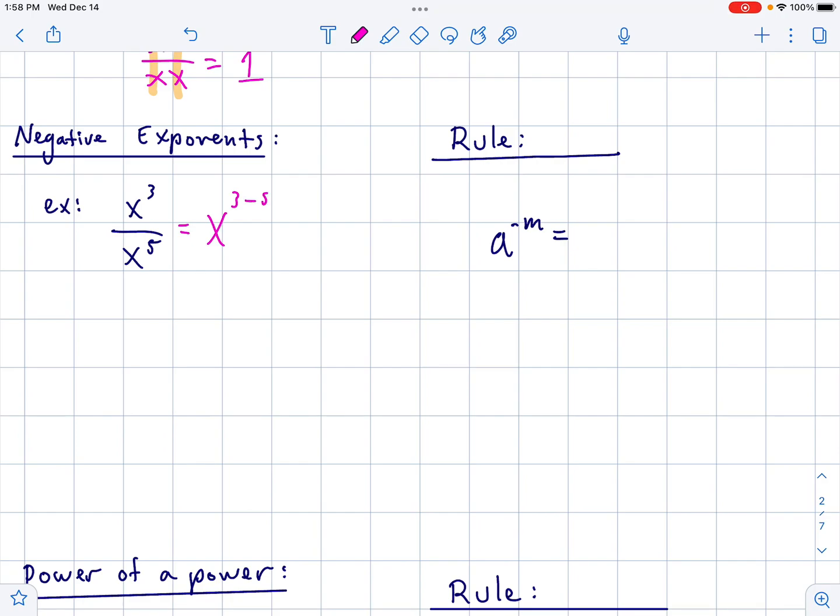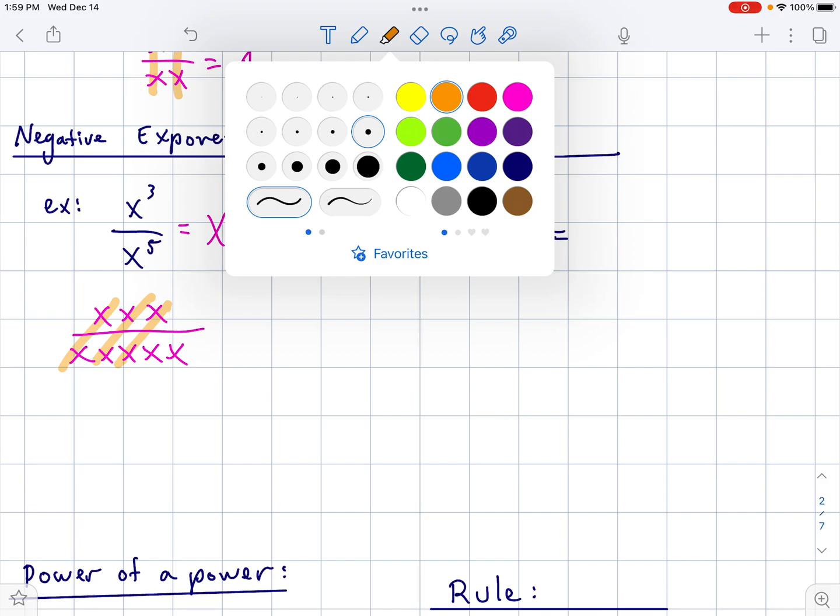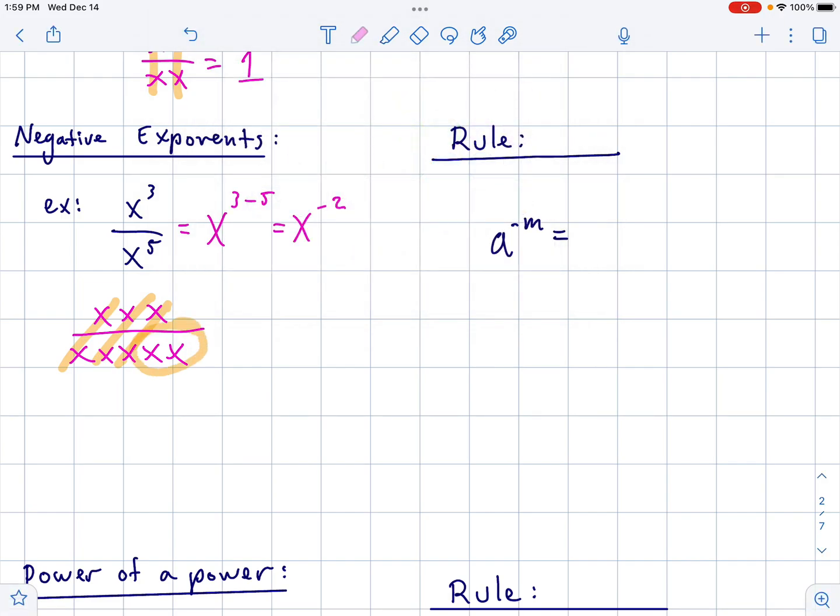Negative exponents. So if I use that division rule, this would be x to the top minus bottom. So this is x to the negative 2. Now, what is x to the negative 2? Well, let's take an expanded version of this. So we do x times x times x all over x, x, x, x, x, so the 5 of them. That means we would cancel out 3 sets of x's, and we would be left with 2 in the denominator.